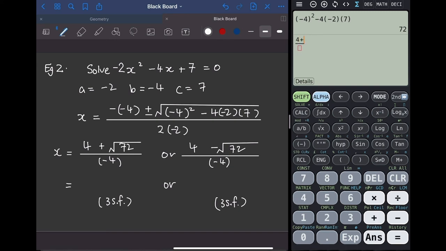4 plus square root of 72 over 2a, which is negative 4. That will give us negative 3.12.